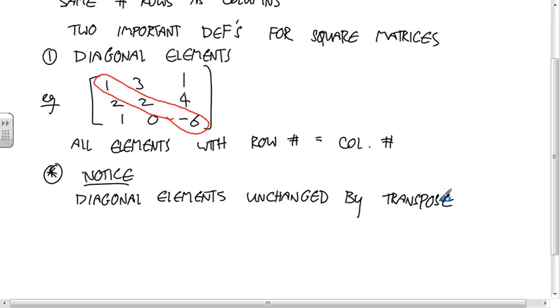Okay, the second definition that we're going to use for square matrices is a symmetric matrix.